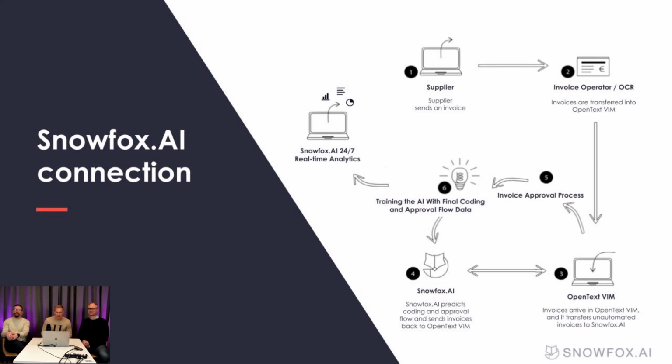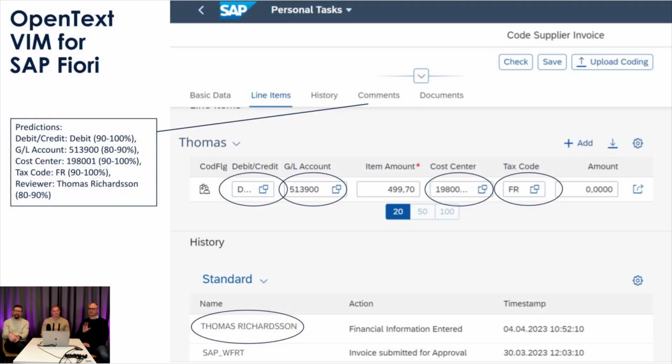But how are those predictions or values seen in the VIM UI? Yeah, so here you can see an example from one of these UIs, what the end users are seeing. So first of all, on the left-hand side, you can see how the predictions are.